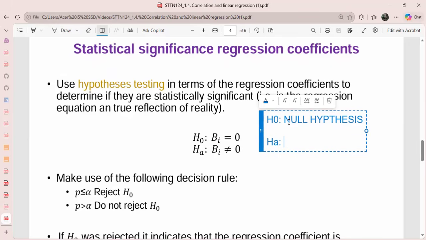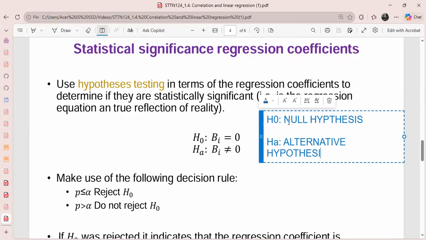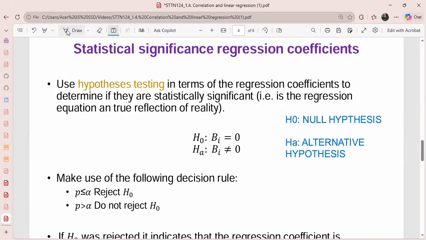It's called the alternative hypothesis. You will see this when you do hypothesis testing for one population, for two populations, for matched pair differences, where you are dealing with the difference, and so on. Whenever you see H0, think null hypothesis.